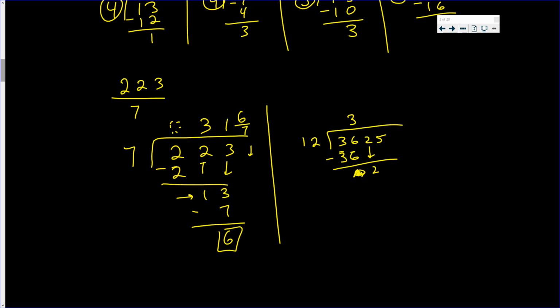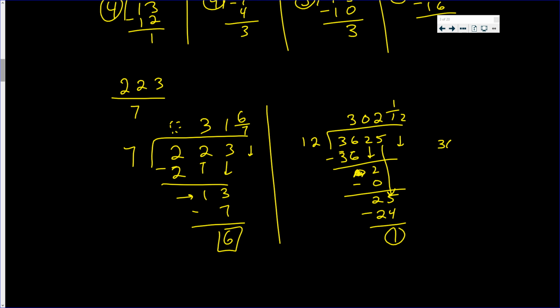12 does go into 2. Goes in 0 times. 0 times 12 is 0. You subtract, you get 2. Bring down the 5. 12 into 25 goes 2 times. 2 times 12 is 24. You subtract, you get 1. Nothing else to bring down. That's the remainder.